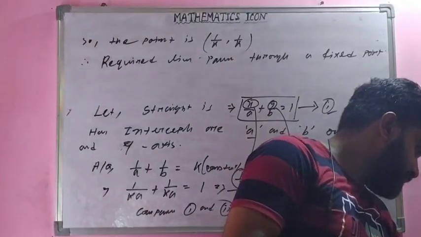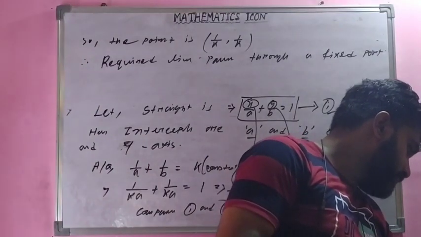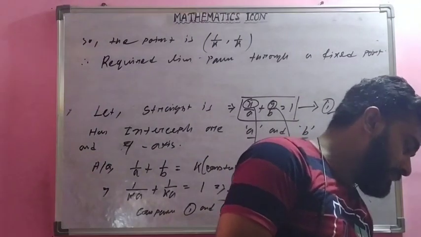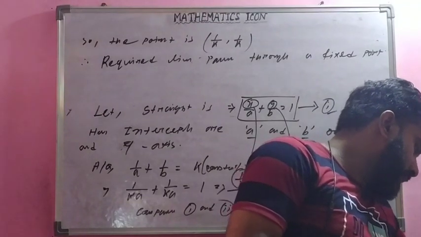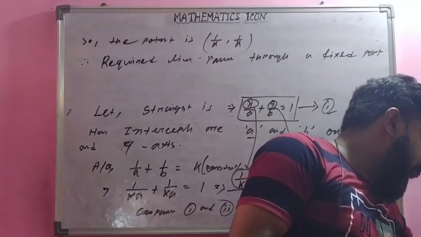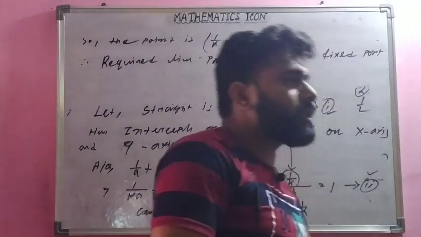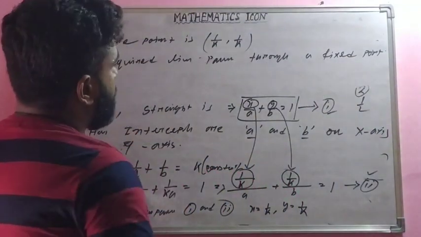Okay, now a line passes through the point 3 comma minus 2. Next question लिखो.